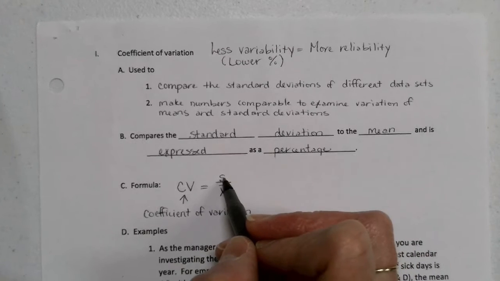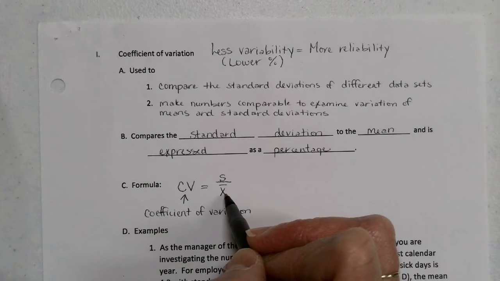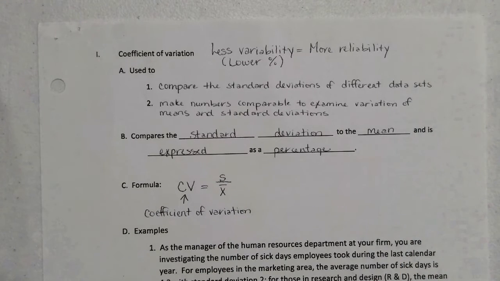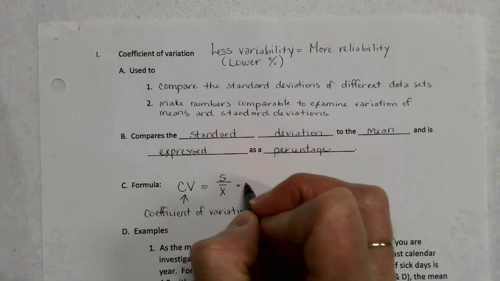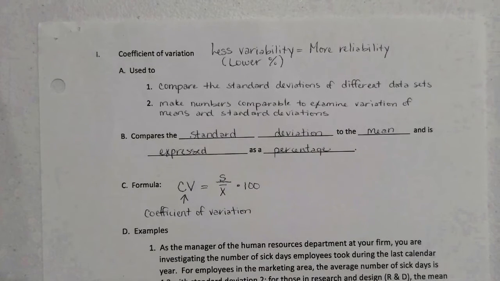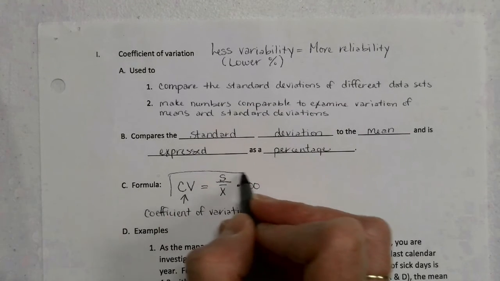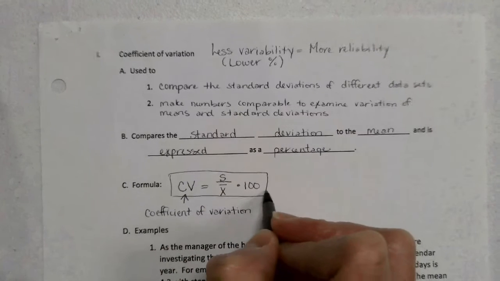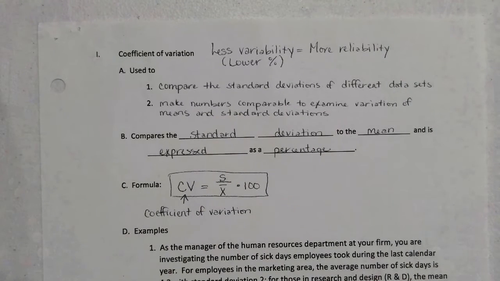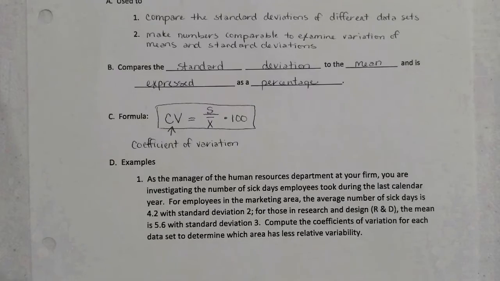Notice this is sample standard deviation, sample mean, but it's expressed as a percentage. So when you do this, you're going to get a decimal value, and in order to turn that decimal value into a percentage, you simply multiply by 100, and that will give you that percent. So here is your formula for the coefficient of variation. Pretty simple formula. So we're going to take a look at a couple of examples to see what I'm talking about and how this works.